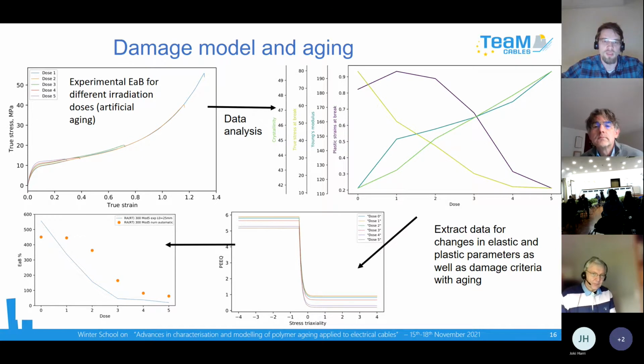So we actually can use this data further for our simulations. We directly extract the Young's modulus from there, some plasticity properties, and we also use this ductile damage criteria. You can see on the bottom of the slide this set of curves. This is actually the criteria for damage and how it changes with aging. So yeah, next slide, please.